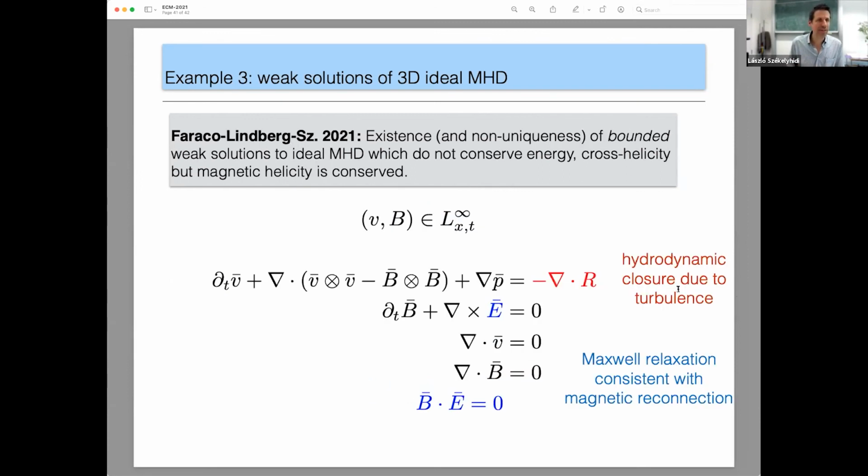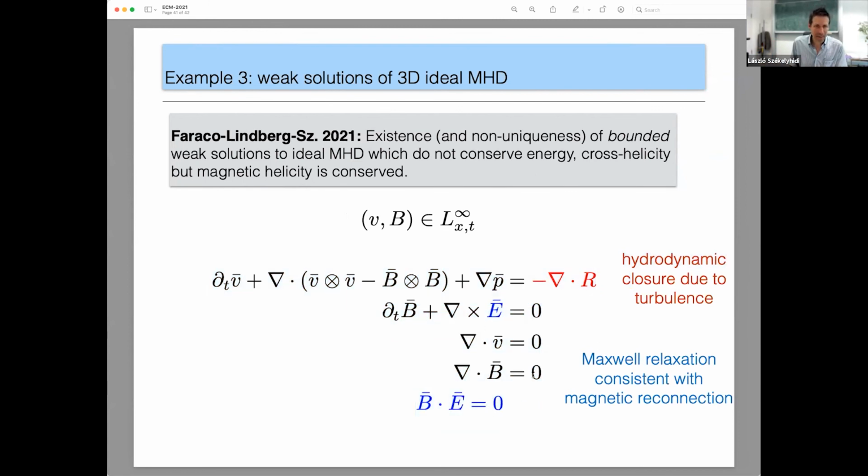And just the last slide, sorry, Luis, to go over time. The approach to do this is to look at the correct closure of the system. And so this is like this relaxation or closure problem, or the definition of the correct subsolution. Like in the Euler case, or Navier-Stokes to Euler, there is a Reynolds stress term in the momentum equation.